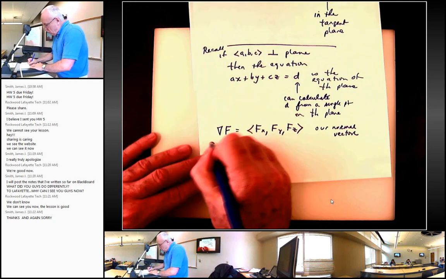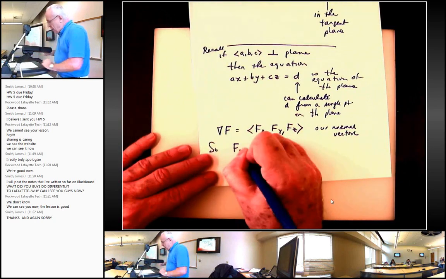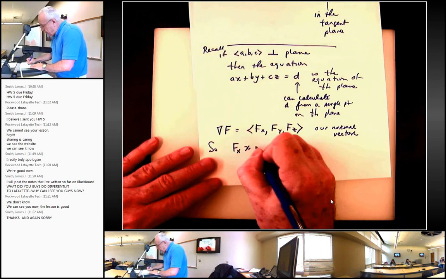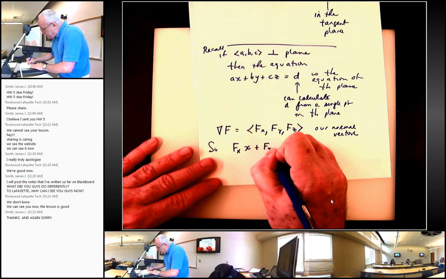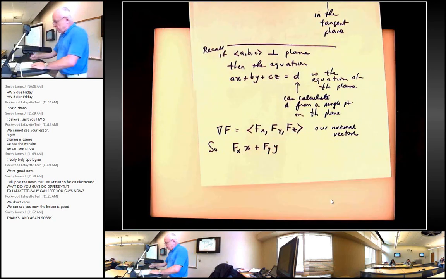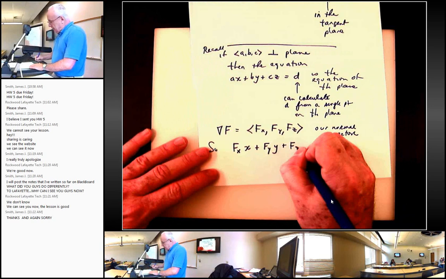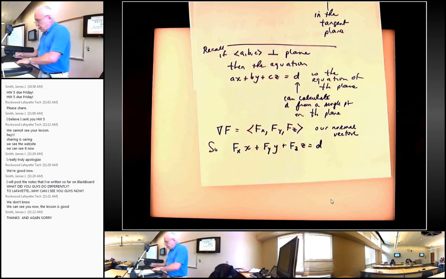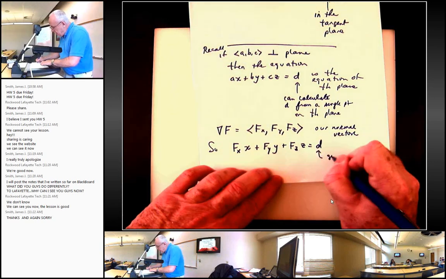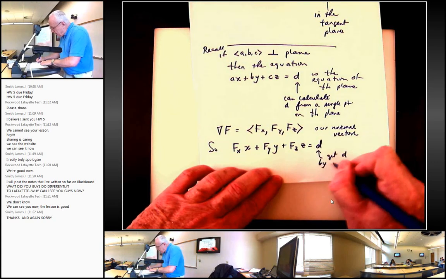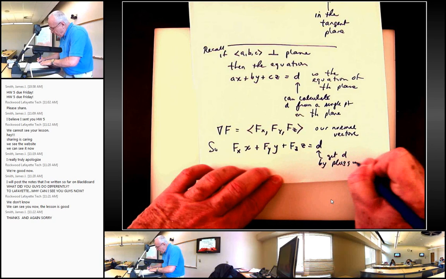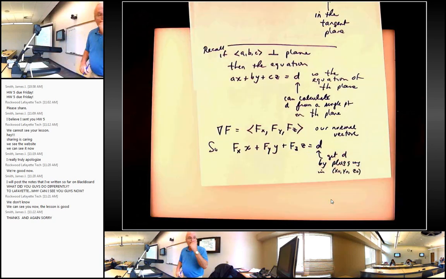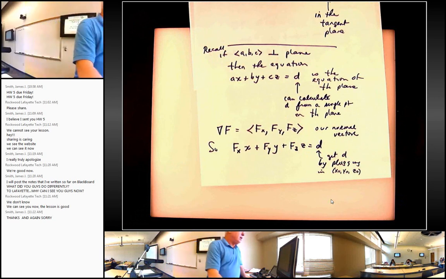So therefore, whatever value capital Fx has, we multiply that by the x variable, plus the value of capital Fy, we multiply it by the y variable, plus whatever value capital Fz has, multiply it by z, and this equals some number d. And again, we get d by plugging in x naught, y naught, and z naught. Okay. So let's look at an example here of doing this.